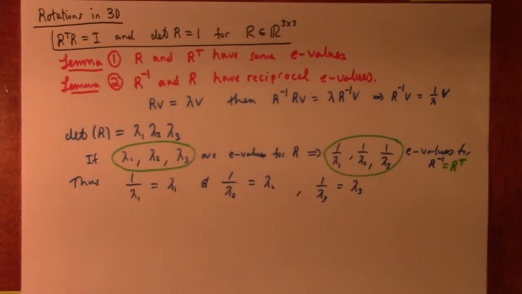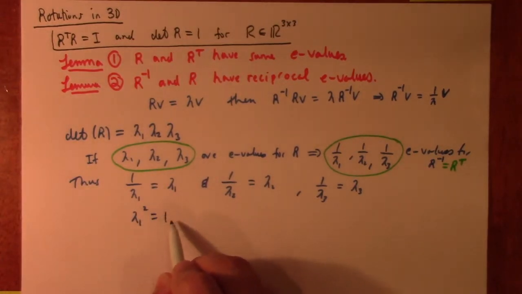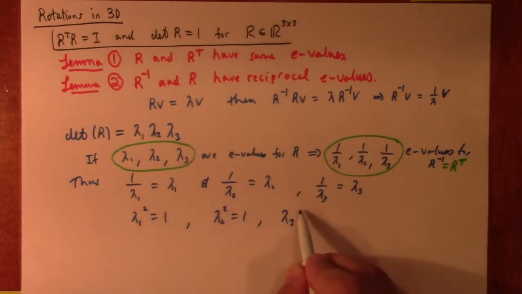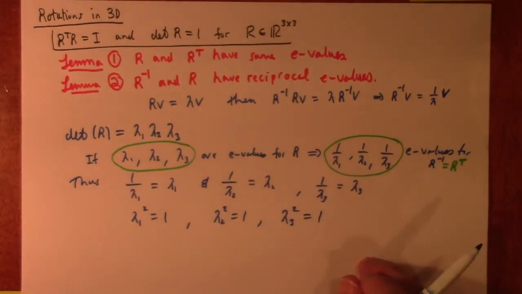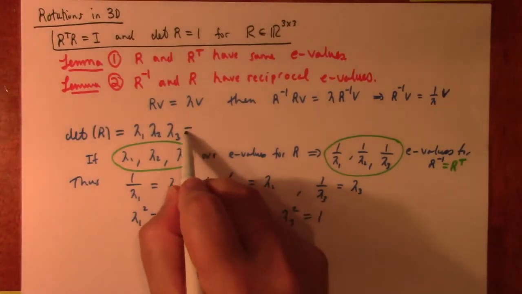Unless what? Unless lambda 1 squared is equal to 1, lambda 2 squared is equal to 1, and lambda 3 squared is equal to 1, right? But we also know that the product of them is 1, right? So, right, this is 1.